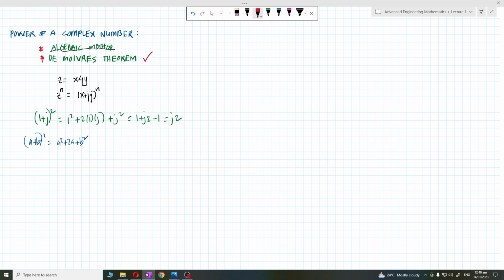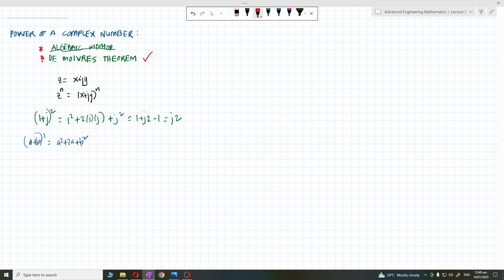In this method, the process of getting the power of a complex number is much simpler, because all you have to do is convert first the given complex number into trigonometric form or polar form, then apply the principle behind the Moivre's theorem.